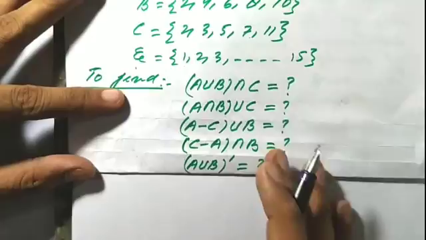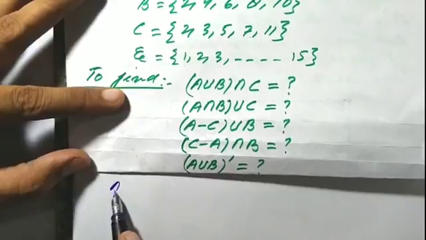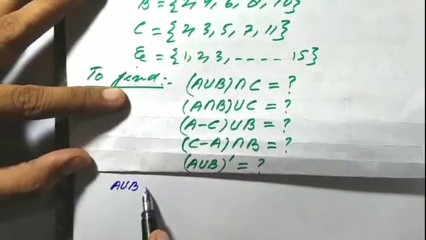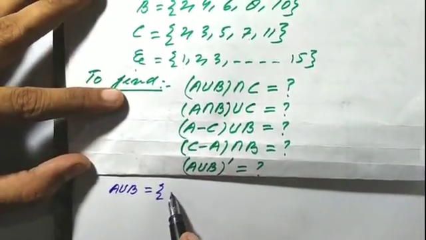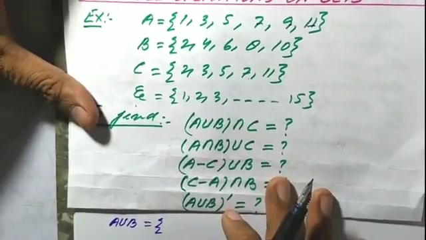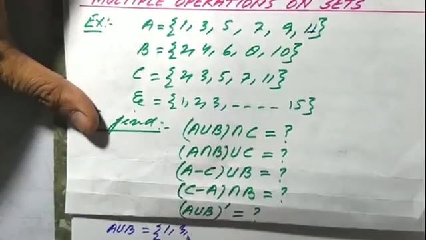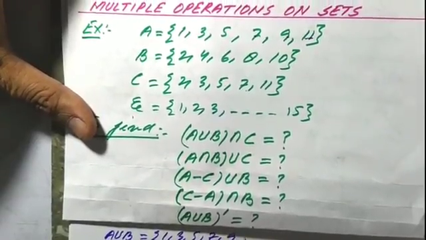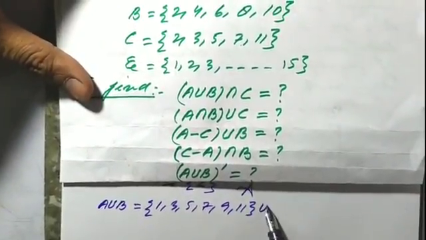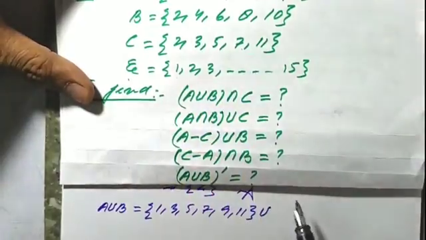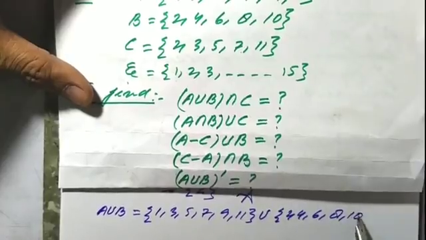Now the next operation is A union B complement. So for that, first we have to find out A union B. So A union B, first write the elements of A, which are 1, 3, 5, 7, 9, 11, and union B, and B is the set of 2, 4, 6, 8, 10.